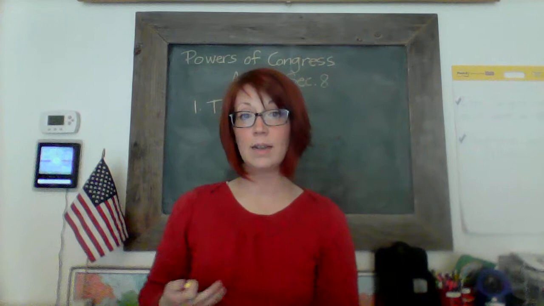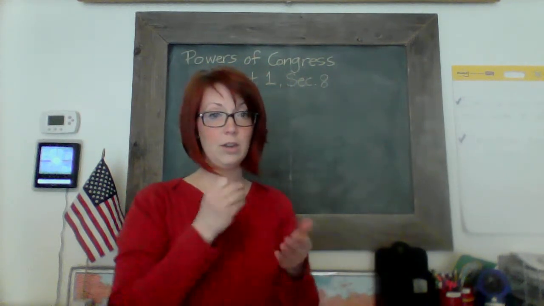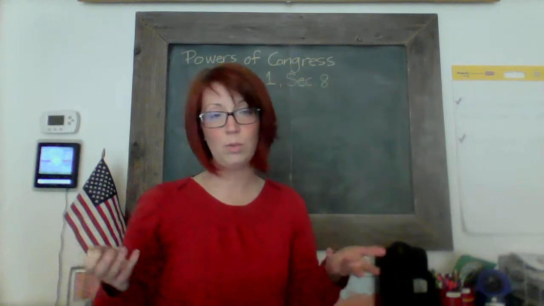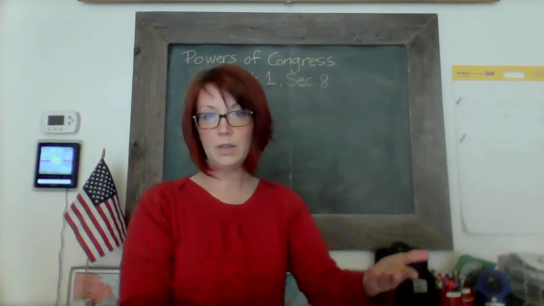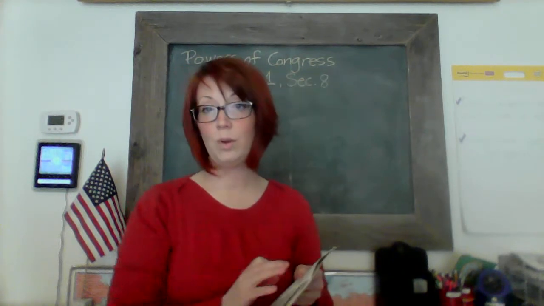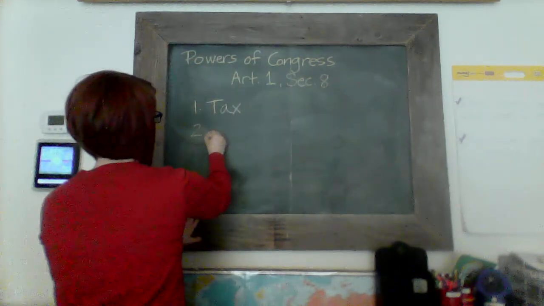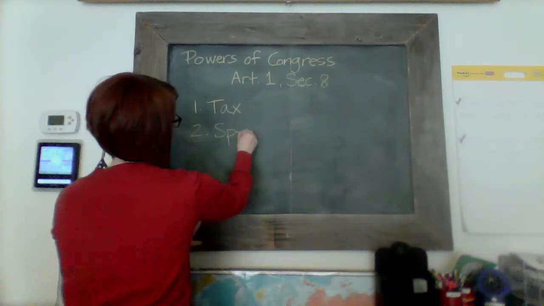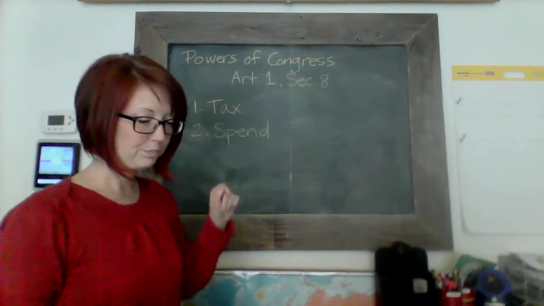If they collect the taxes, then they have the power to spend the money. It's saying, Congress, you can spend this money for whatever you want. Well, not whatever you want, but whatever they deem necessary for the general welfare of the United States. Okay? So, power number 2 is spend.